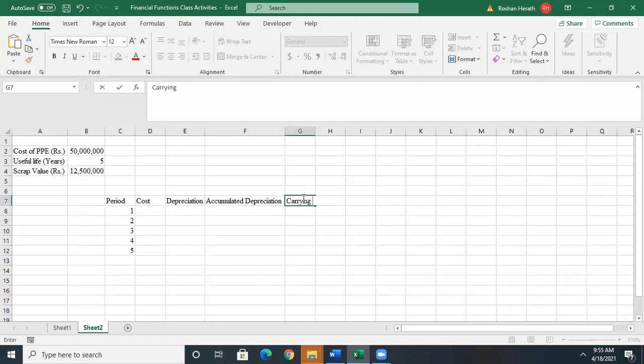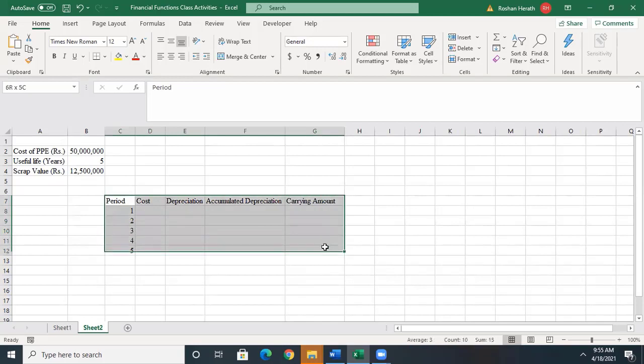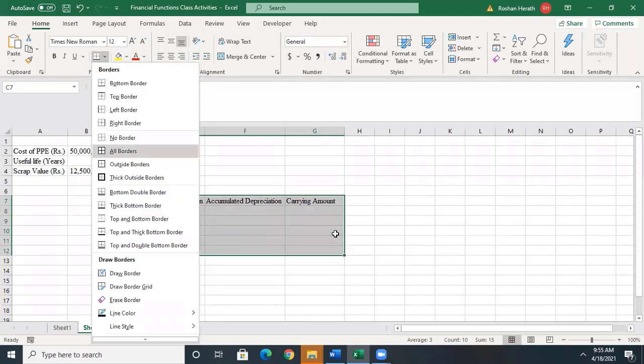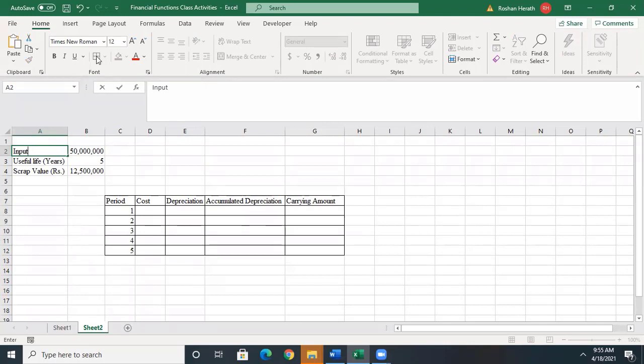So this is going to be the typical depreciation schedule. This minimum information has to be there. And this is going to be your inputs, this is the input, and this is going to be your output.